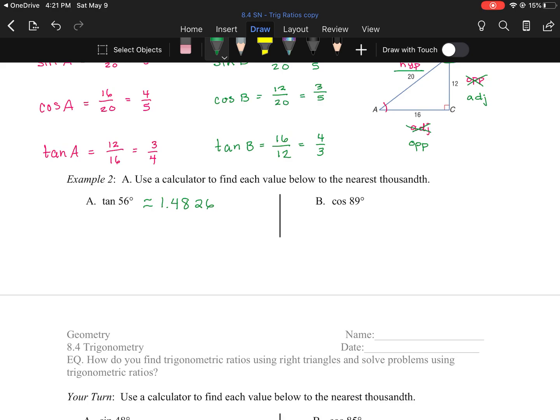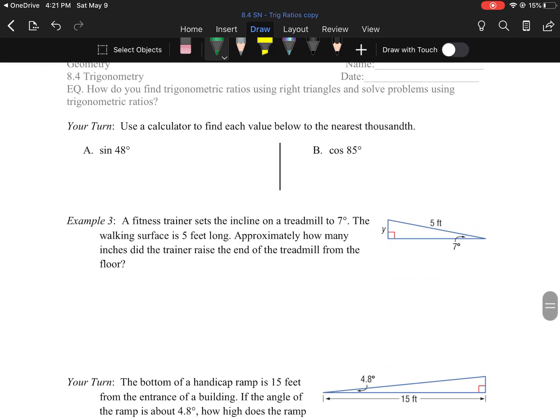For cosine, you hit cosine of 89, hit enter, and that is approximately 0.1, I'm sorry, let me back that up, 0.0175. Okay? Pretty straightforward, pretty simple. Just make sure your calculator's in degrees. Take a moment, try those 2 your turns. They're not too bad, just typing in your calculator.